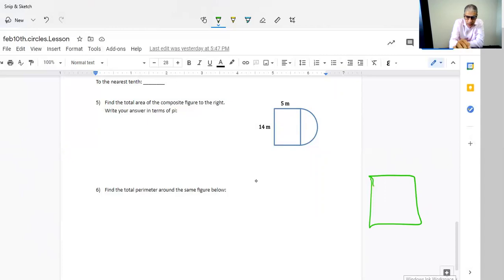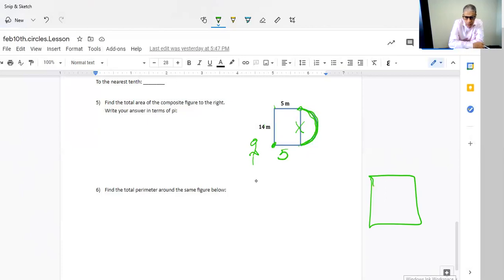If I'm going outside, I'm not gonna add this side because once I get to this point, I am going up on the circle. So if I start walking around, I'll go to here, 14 plus 5 plus whatever this is for the circle and plus another 5 here.